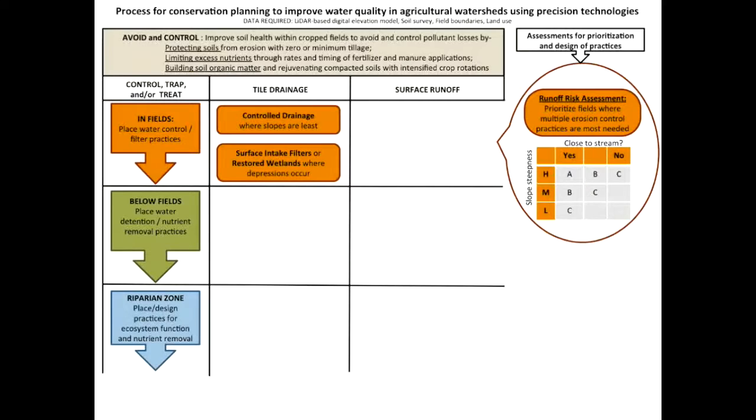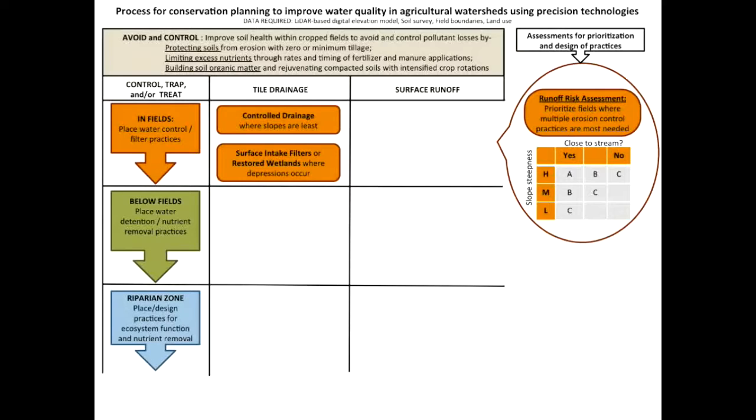Okay, then looking at surface runoff. One of the things we do with this is help the user prioritize those fields in a watershed that are most prone to deliver runoff directly to the stream. It's a simple two-way classification, mapping out the proximity to the stream and the slope steepness of each field.